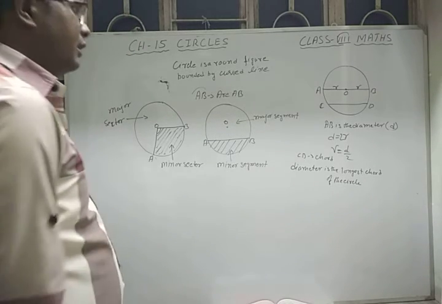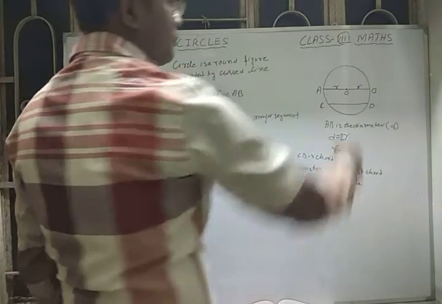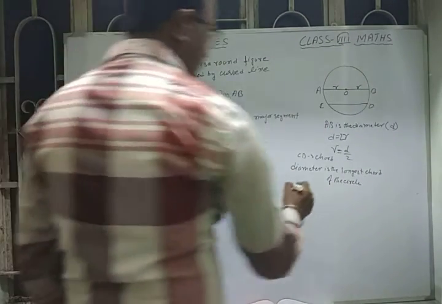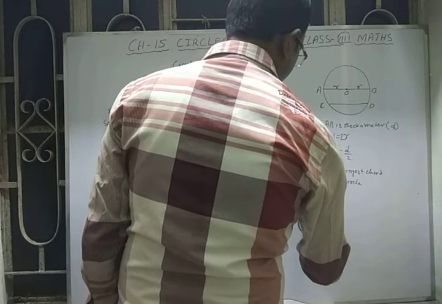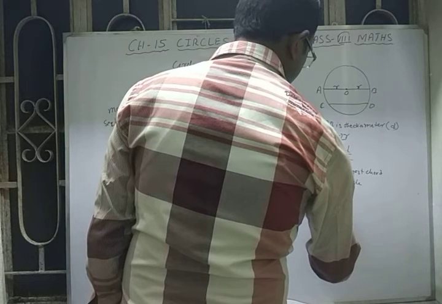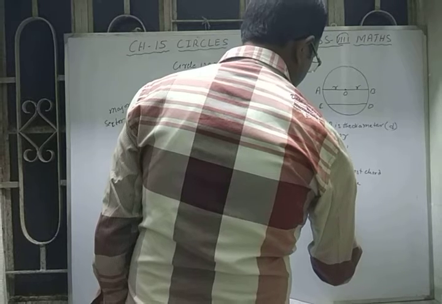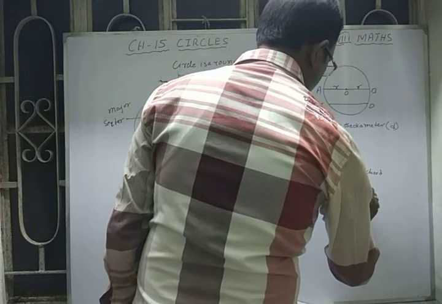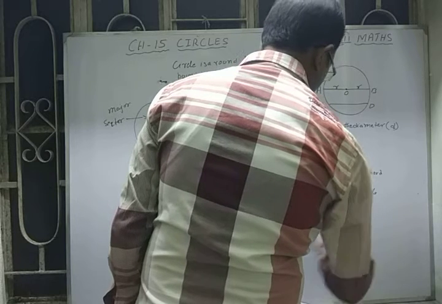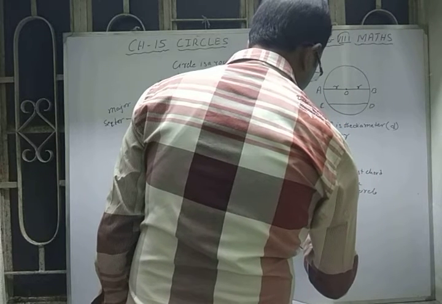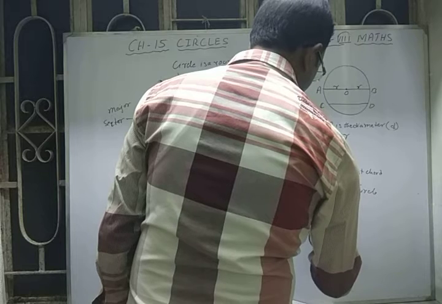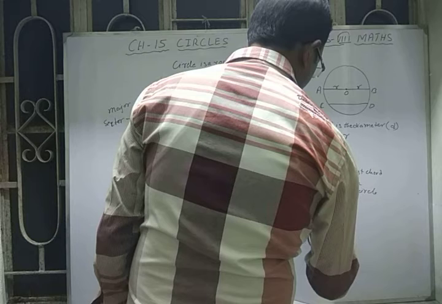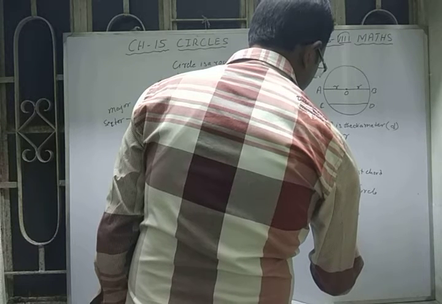Now another thing: a diameter also divides the circle into two parts, or we can say into two half circles.